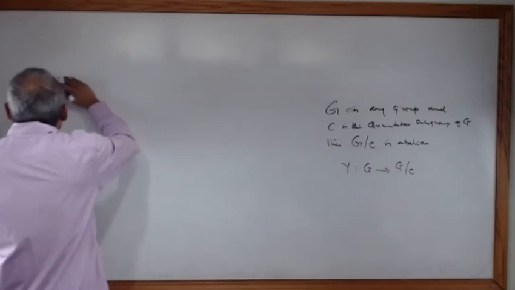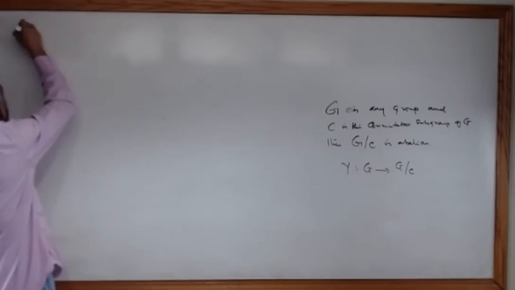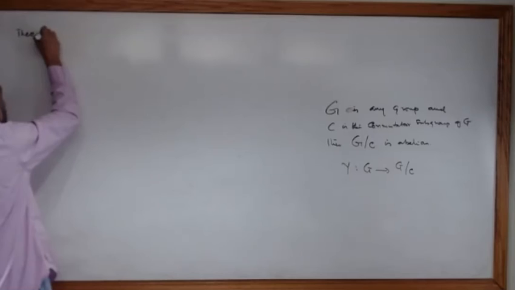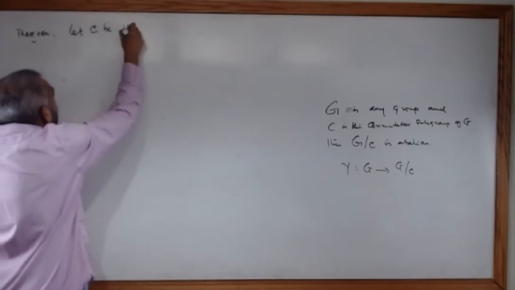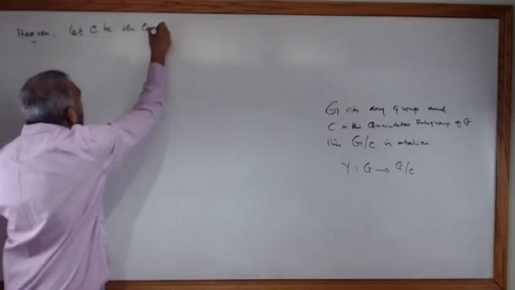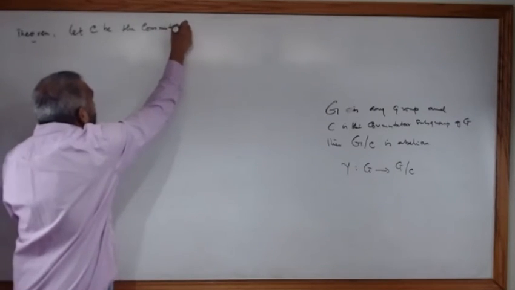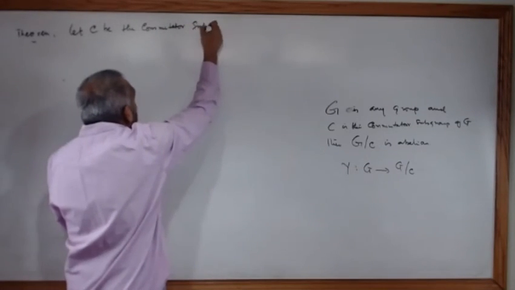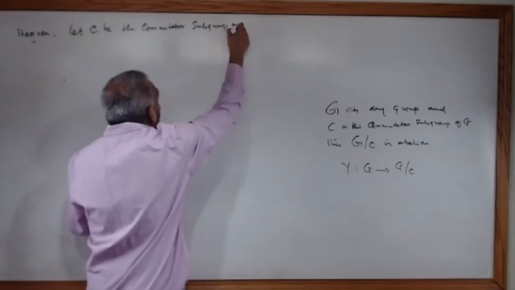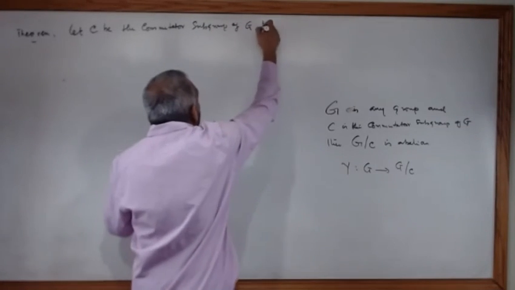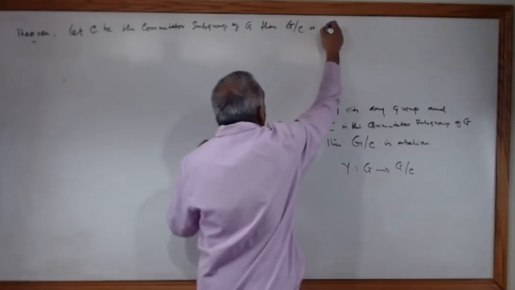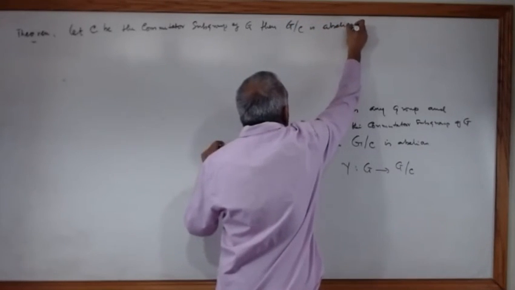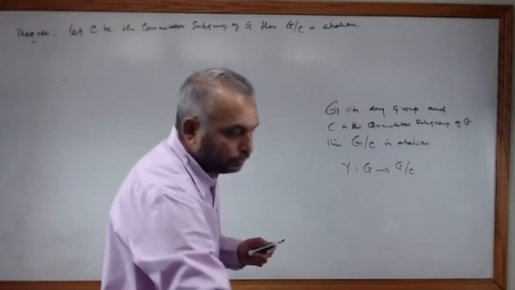So another result is, let C be the commutator subgroup of G. Then G over C is abelian. We need to prove that.